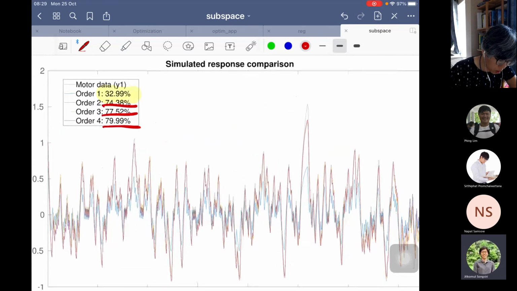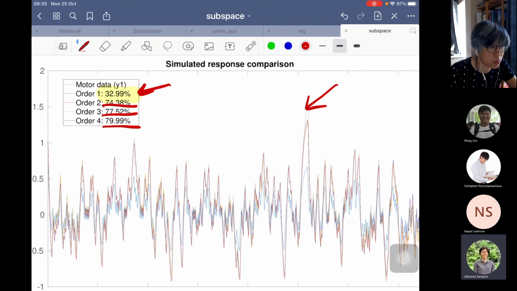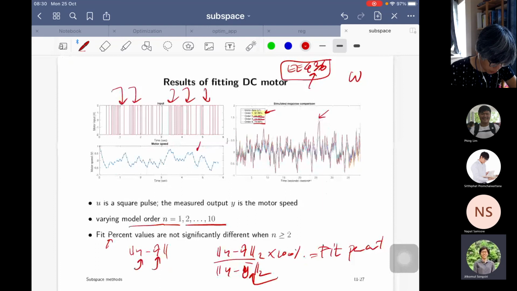The gray one is the measurements, and the blue one is from the first order. It seems to have a large bias, and that agrees with the fit value as well.